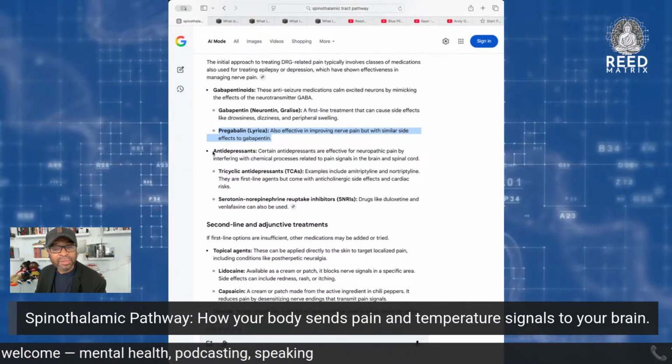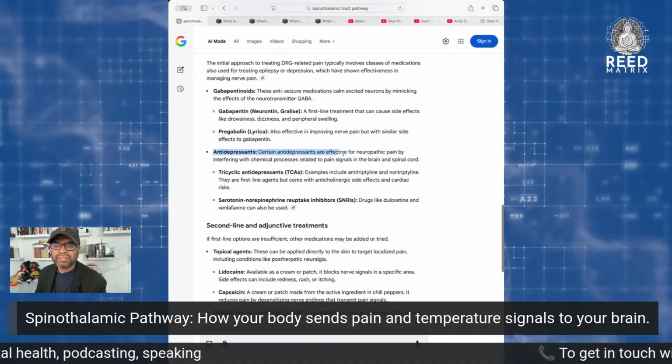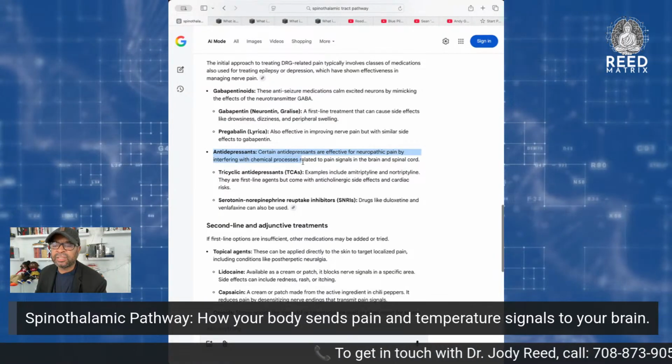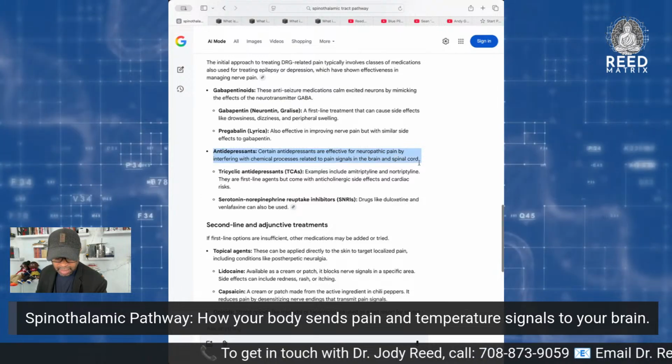Okay, the antidepressants. Certain antidepressants are effective for neuropathic pain by interfering with chemical processes related to pain signals in the brain and the spinal cord.